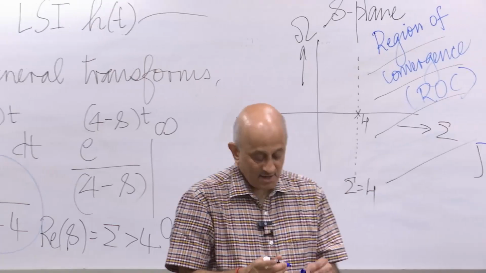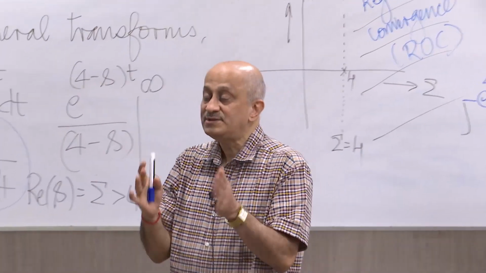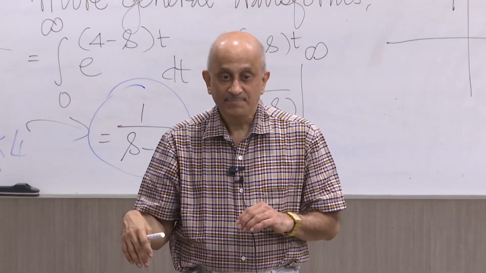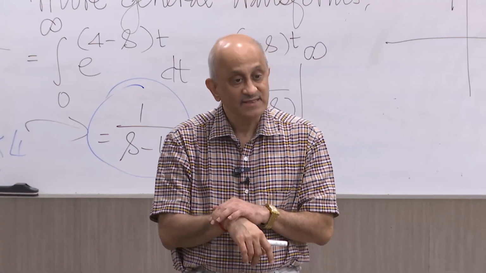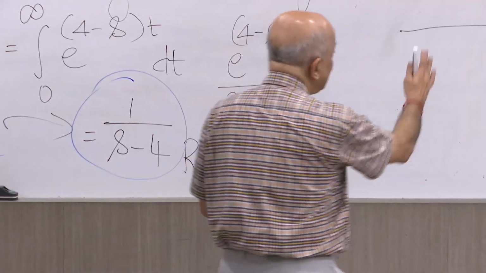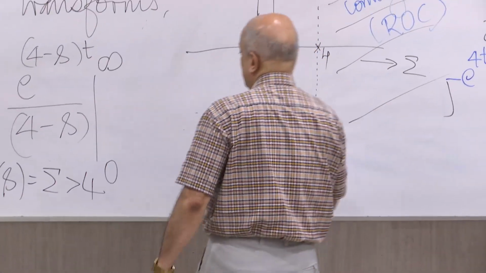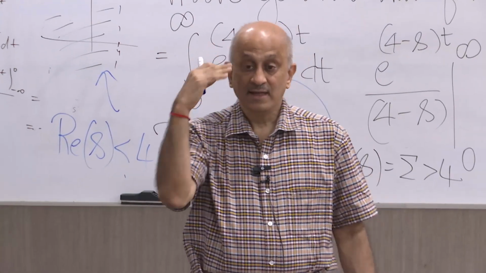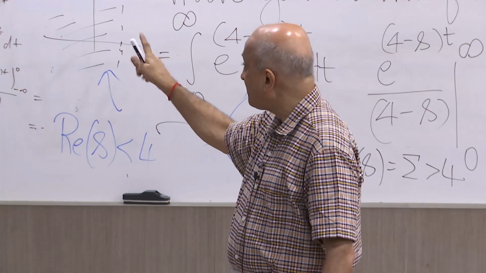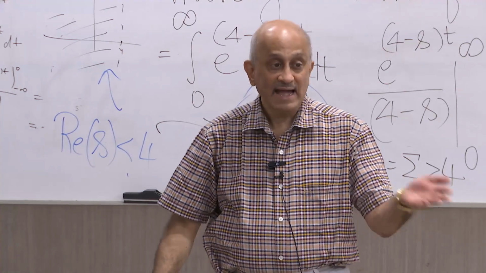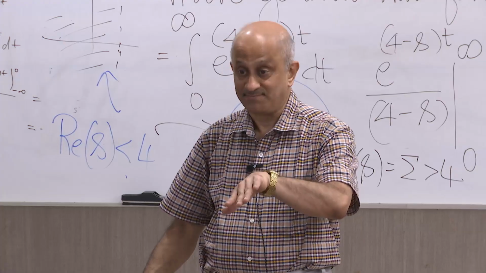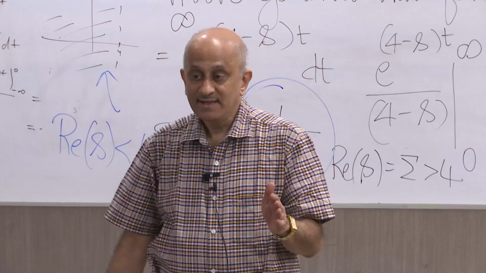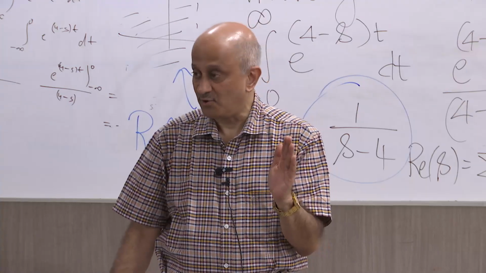So e raised to the power 4t u of t has the Laplace transform 1 by s minus 4 with a region of convergence real part of s greater than 4, essentially to the right of the vertical line passing through sigma equal to 4. Minus e raised to the power 4t u of minus t has the same expression, 1 by s minus 4, but with a region of convergence real part of s less than 4.